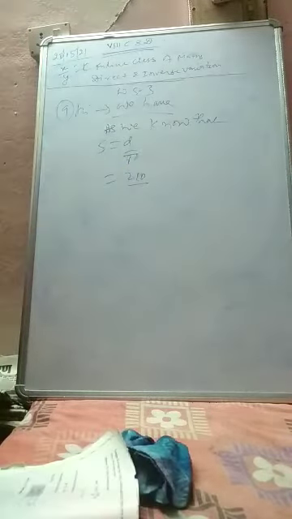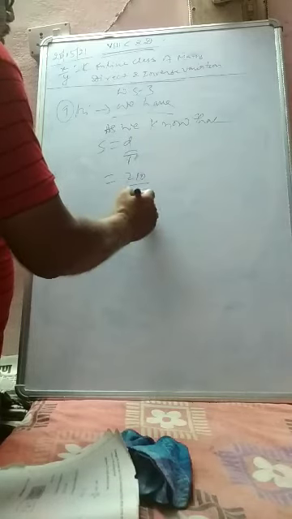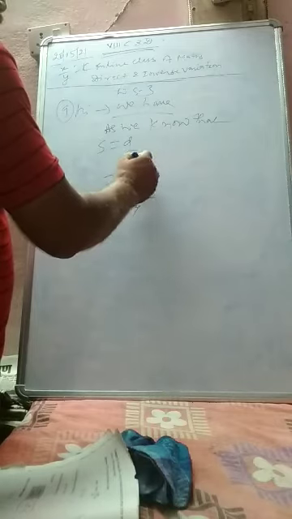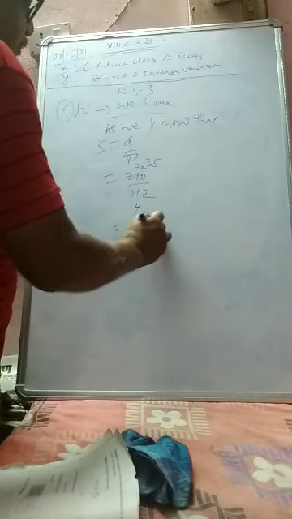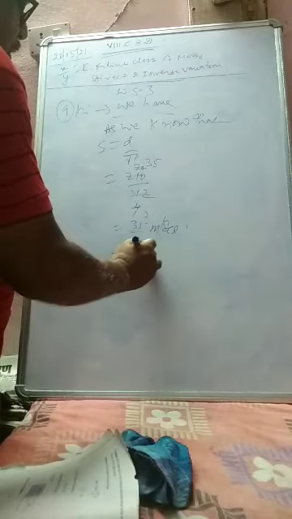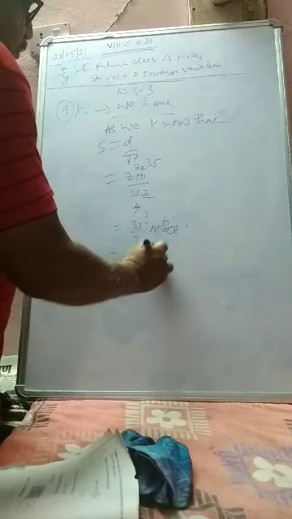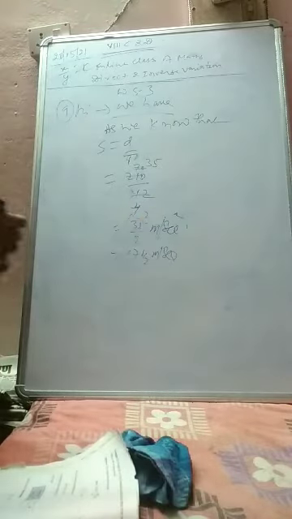This is equal to 210 by 12. 3 4 are 12, 70 to 35. 35 by 2 meter per second, and this 35 by 2 meter per second is the right answer.